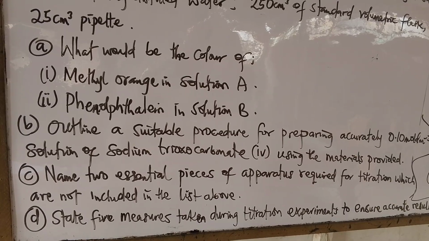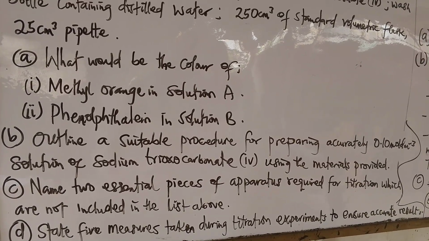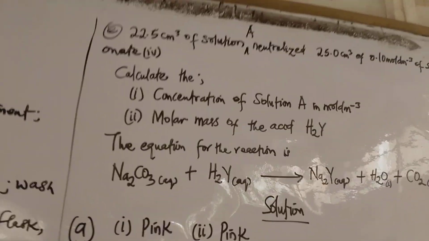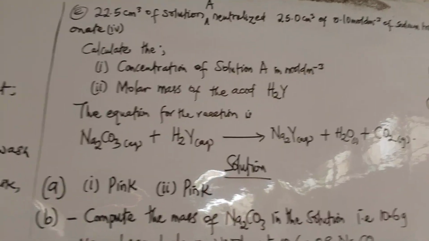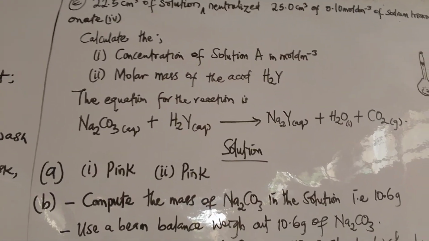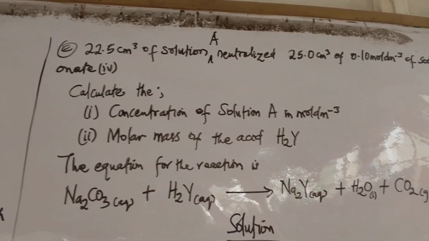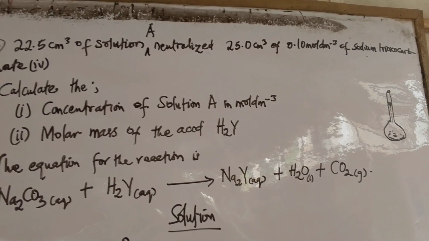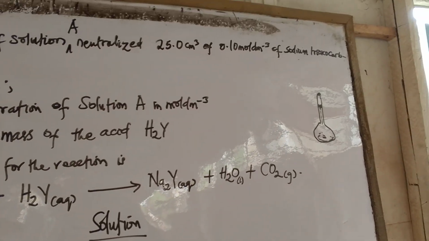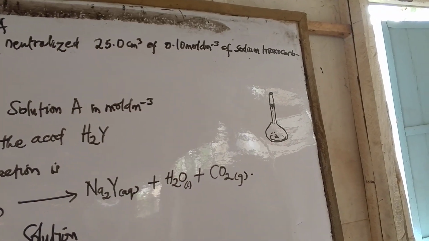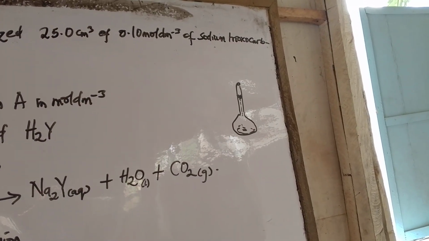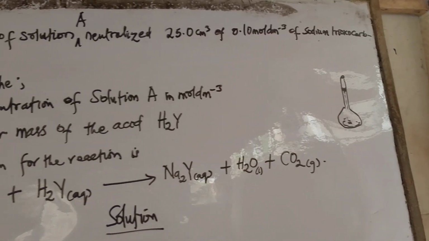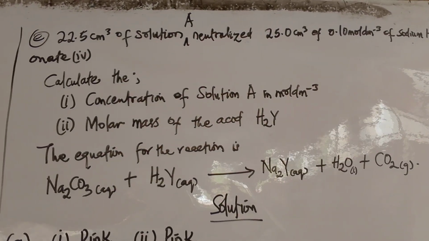Then we still have the E part, which says 22.5 cm cube of solution A neutralizes 25.0 cm cube of 0.1 mol per dm cube sodium trioxocarbonate 4.